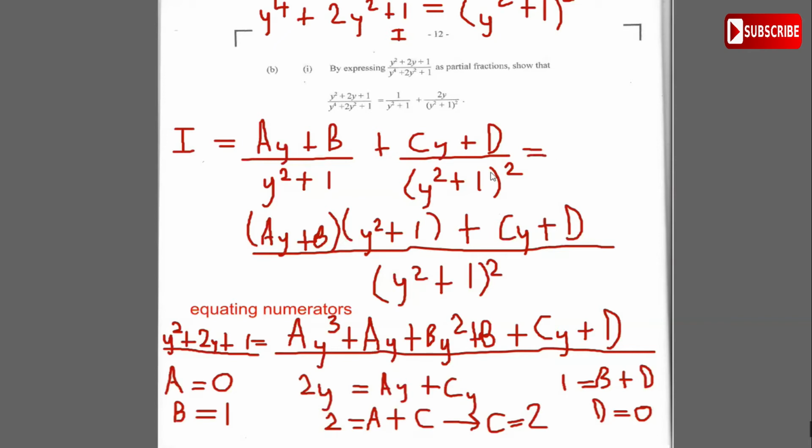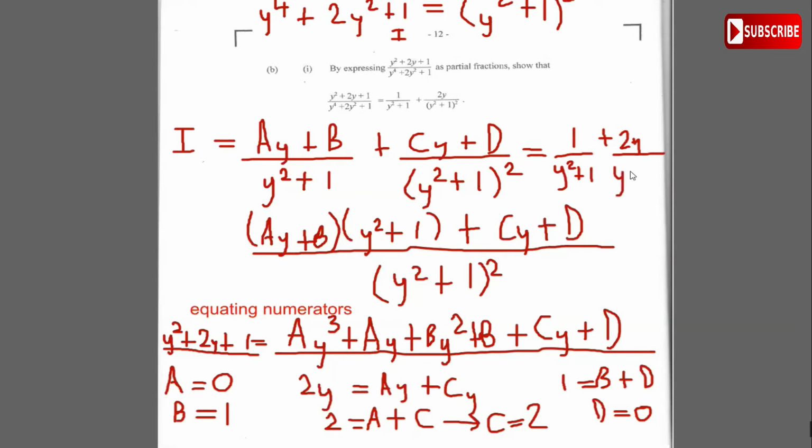So ay plus b: a is 0, so 0 times y is 0, plus b. b is 1. So it's now 1 over y squared plus 1, plus cy. c times y is 2y, plus d. d is 0, so it's just 2y over y squared plus 1 all squared.